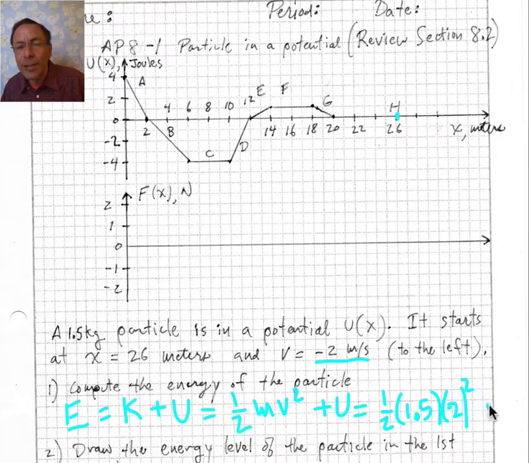But you're going to add to that the potential energy, and the potential energy is 0. So we're just going to add 0 here.